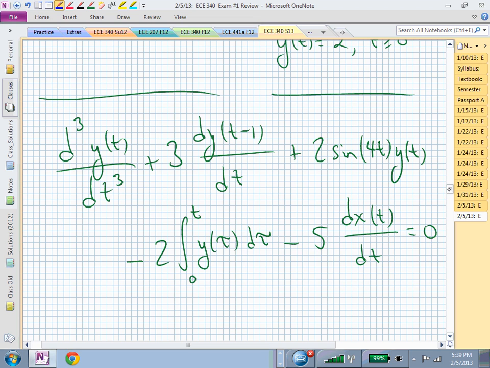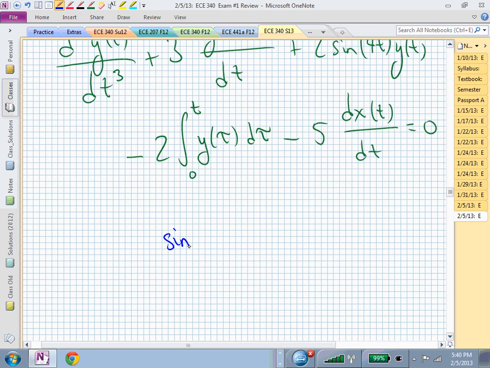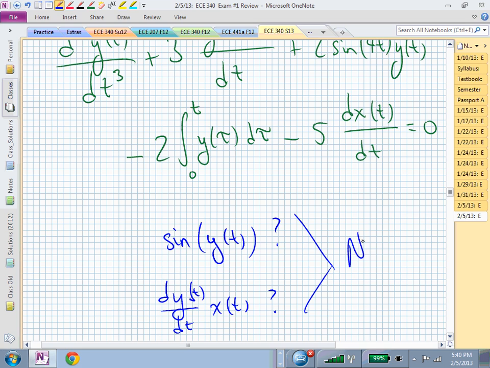Do I have something like sine of y of t? Is that there? Do I have something like dy of t dt times x of t? Is that there? These would all be nonlinear terms which would cause your whole system to be nonlinear.